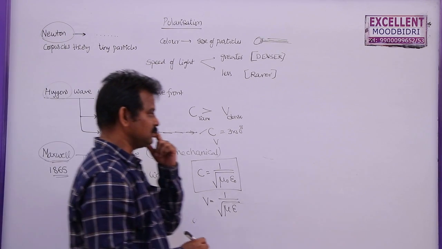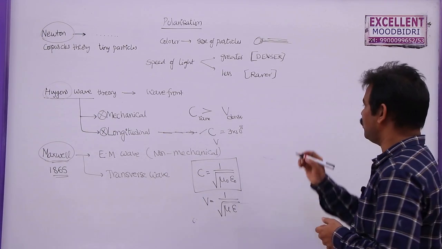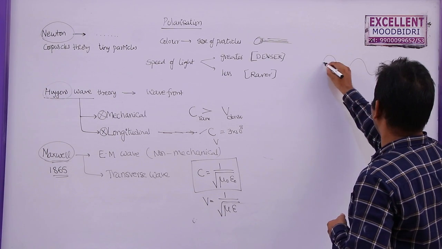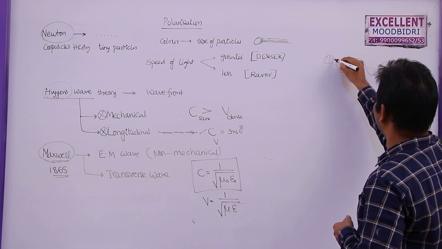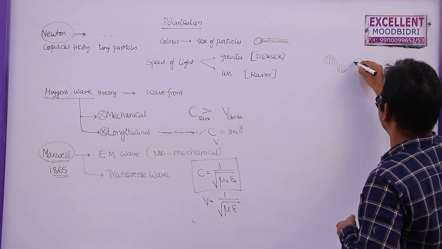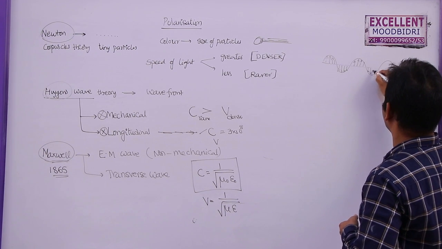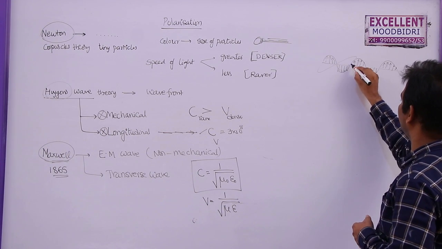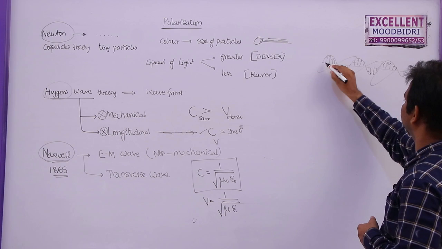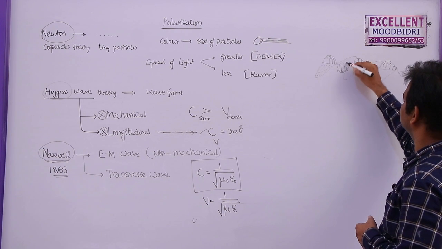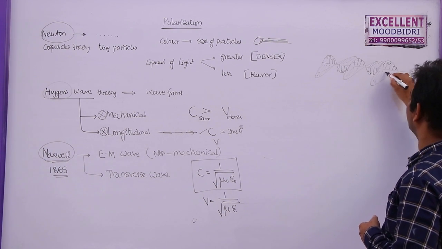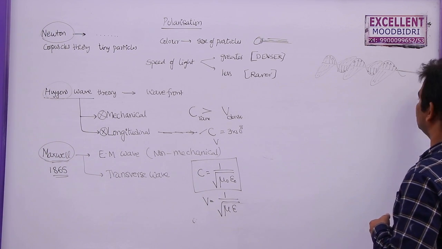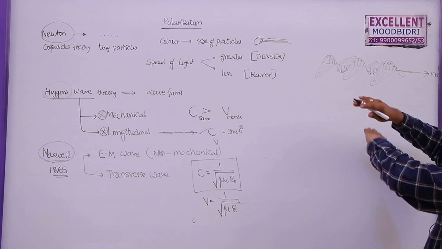Now suppose you take the electromagnetic wave, which we already studied in electromagnetic waves. These are the electric field vectors, and these are the magnetic field vectors, which are mutually perpendicular to each other, and the direction of the electromagnetic wave is perpendicular to both the electric field and the magnetic field.